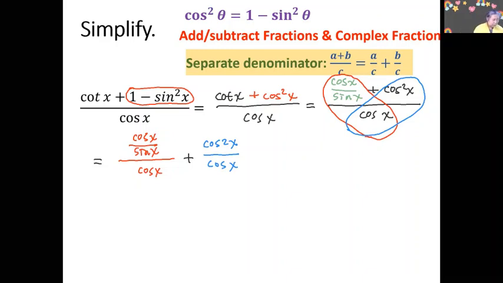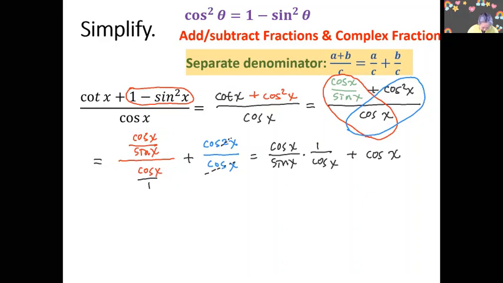The first red fraction will utilize the complex fraction skills. Then it's going to be cosine x over sine x times, this is over 1 here, and then it's going to be now 1 over cosine x. And then the second fraction is cosine square of x over cosine. So this will cancel the square, and then it's just cosine x by itself.